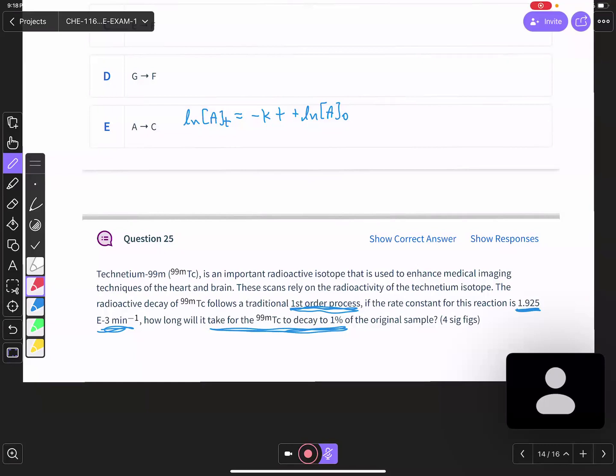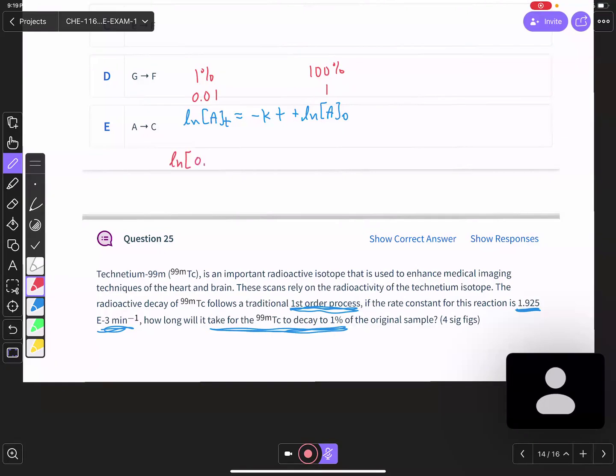At time 0, I have 100% of this material, and I'm looking for when I have 1% of this material. We don't want to plug it in as a percentage, though. We want to plug it in as a decimal. So at time 0, I've got 1. And I'm looking for the point at which I have 0.01 of that sample left.